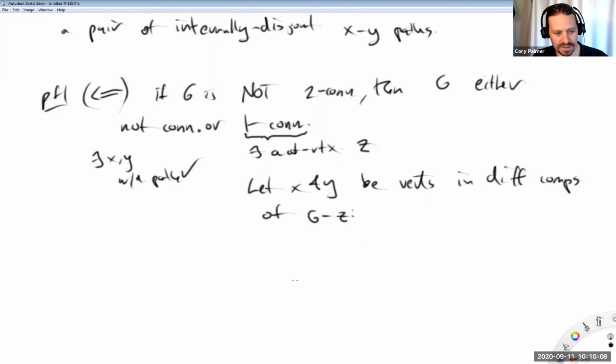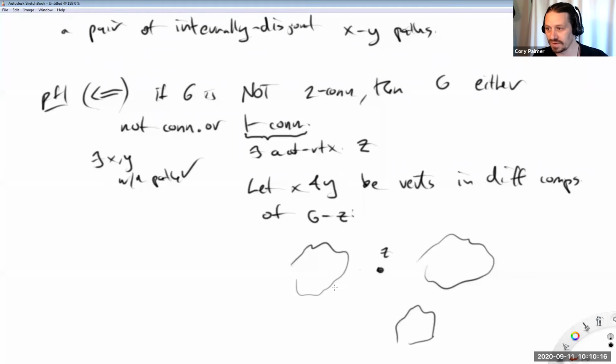So G minus z looks as follows. Here's a component, here's a component, here's z that was removed. There might be other components as well, but after removing z, I get multiple components. Since there's more than 1 component, I can find a component with vertex x and a component with vertex y. What actual property stated in the theorem am I technically using at this point here?